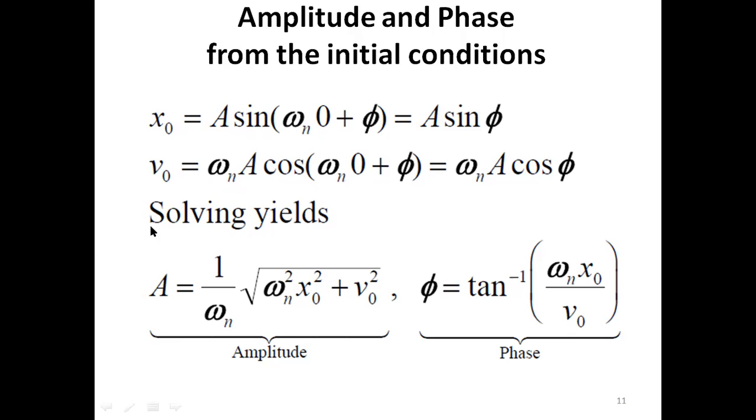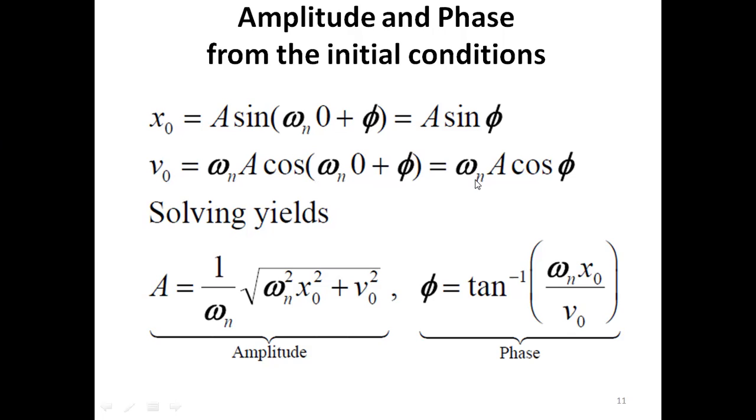So x dot of t would become omega n A cos omega n t plus phi. If we utilize our second initial condition, x dot of 0 is equal to v naught, then v naught is equal to omega n A cos omega n, and t is 0, plus phi.